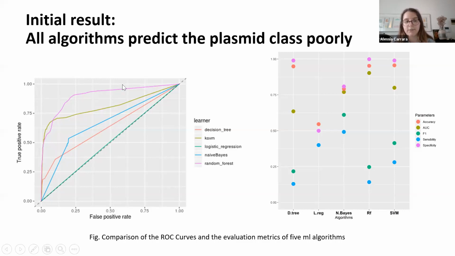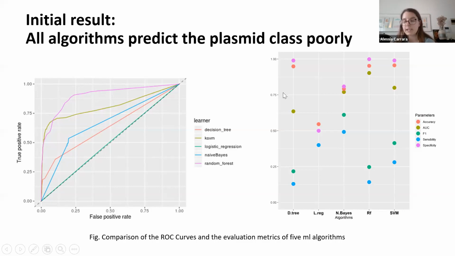It should have this kind of shape that I'm just drawing with the mouse. Consequently, a curve that identifies the biggest area corresponds to the best model. So in this case, we can already have a ranking of the algorithms and identify support vector machine and random forest as the best models.